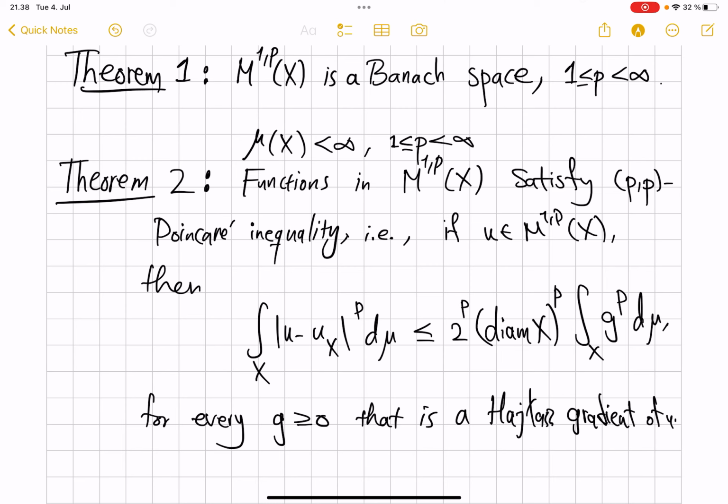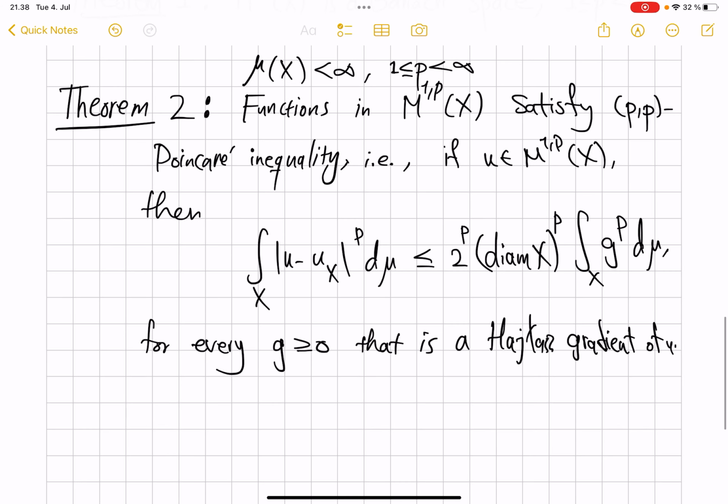So for any pair of function and its derivative, we have the inequality. Notice that this again is non-trivial only if the diameter is also finite. So technically we are saying that when the diameter of X and the measure of X are finite. But it still covers a lot of instances, also if you are in a larger space.